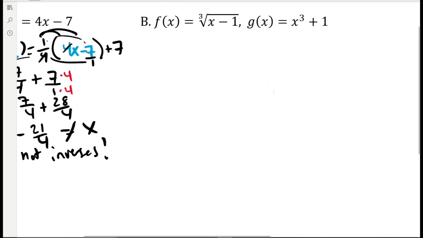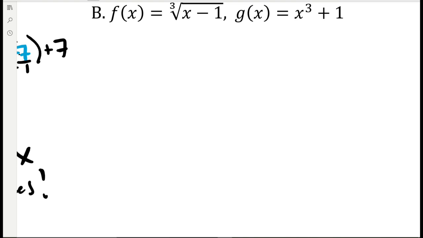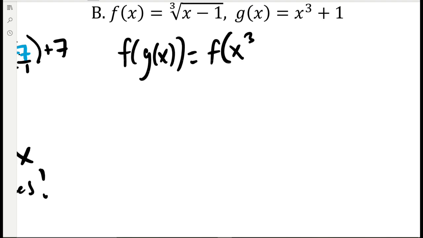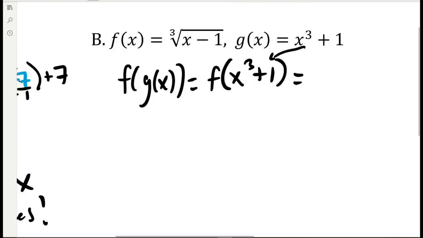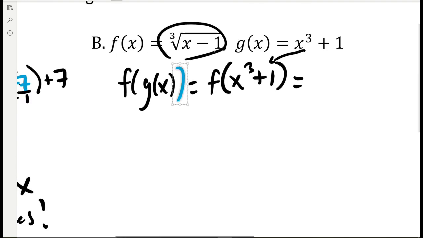All right, let's look at this one. So let's do f of g of x again. So g of x is x cubed plus 1. And now we're going to be using the f function, but for x, we're going to plug in x cubed plus 1.